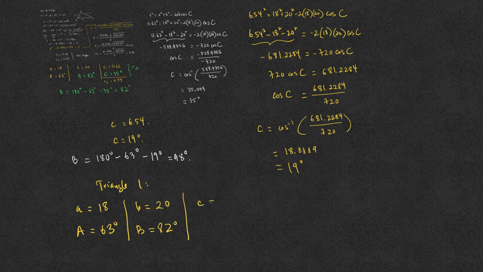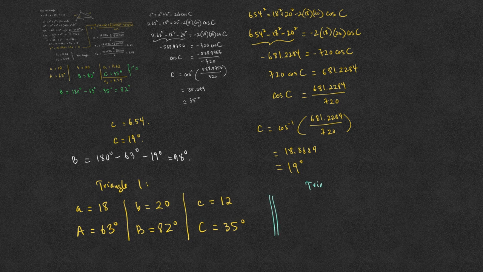The lowercase c is 11.62, the uppercase C is 35 degrees. If we were to round the final answer to a whole number, then 11.62 can be rounded to 12, but only rounded in the end. Don't round it in the intermediate step.